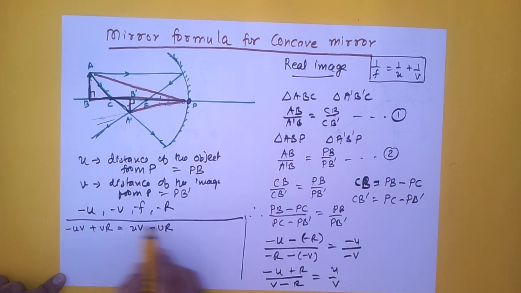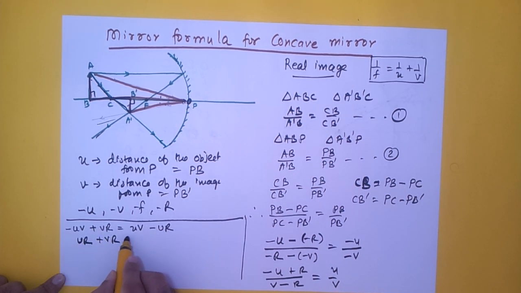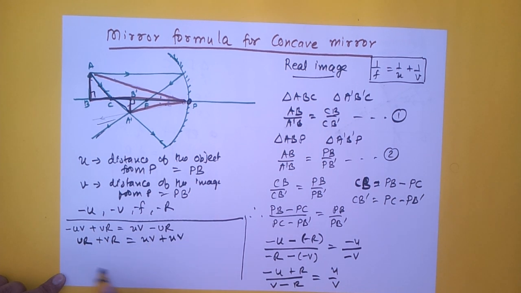This UV I take on this side, and this UR I take on this side, so I'll get UR plus VR is equal to UV plus UV. So UR plus VR is equal to 2UV.